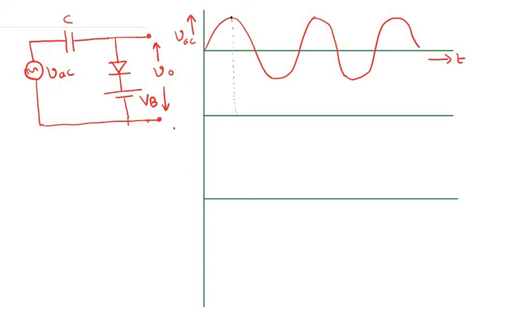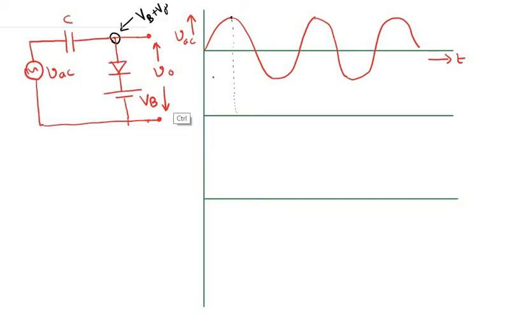So no voltage develops across the capacitor, and this diode starts conducting only when the voltage at this point becomes greater than or equal to VB plus V gamma. Then it forward biases this diode, so this diode starts to conduct and the capacitor starts to charge up.